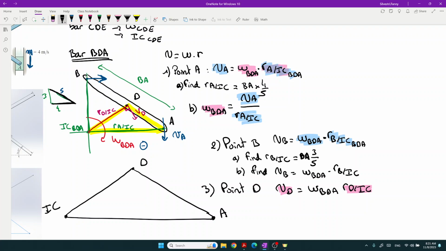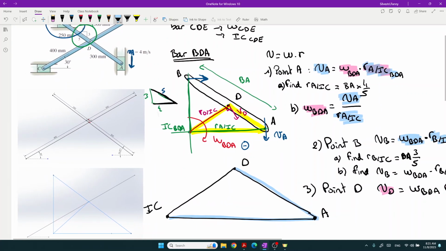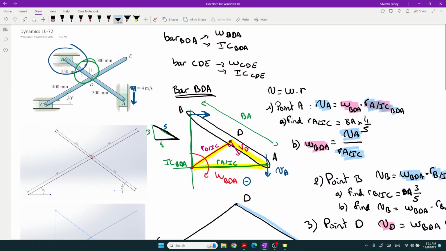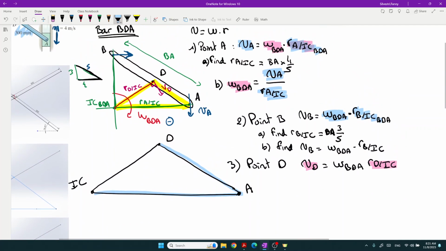Okay. What do we know? We know this one, RDIC. We know AD. The distances are provided in the instructions. You see this one. That's DA. That's this one. Okay. And we also know, we don't really know it, but we can find this angle.